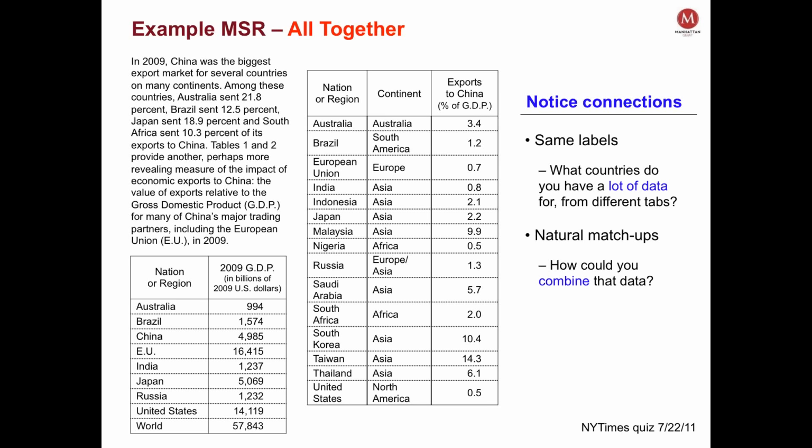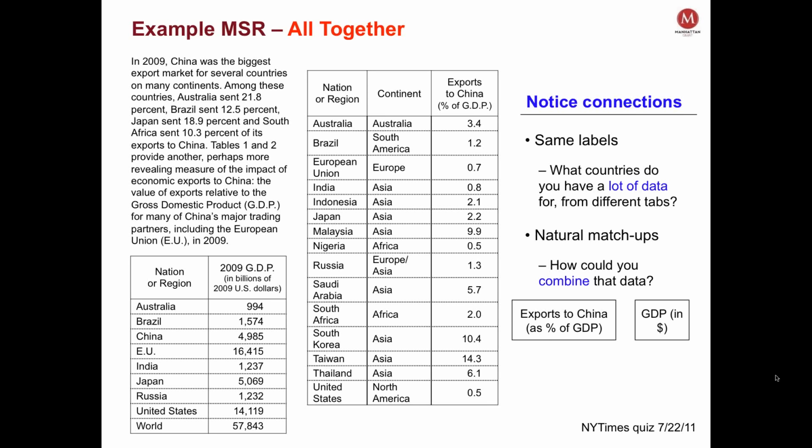The more you do this, the more natural and comfortable this becomes. You just naturally will start to see how could I combine the data? That's part of the so what, the story of this data. What could I figure out from this? You don't have to calculate it right now. They haven't asked you about it, but this sort of preview and seeing how the puzzle fits together is incredibly helpful. Otherwise, these MSRs can take forever, and we do want to get through them in a timely manner.